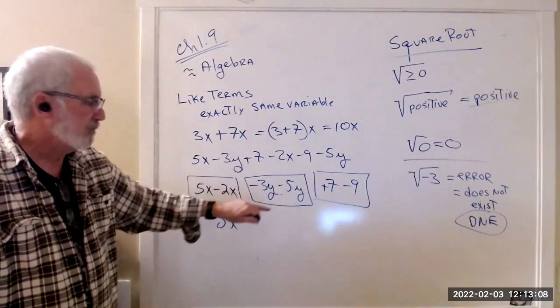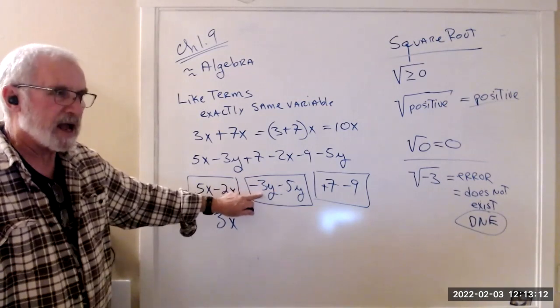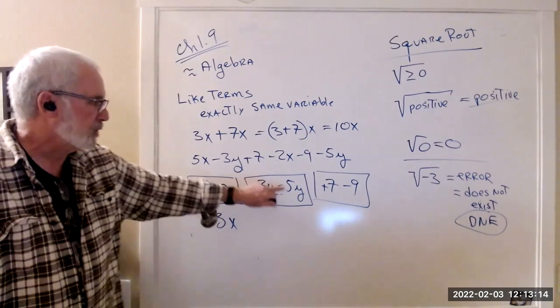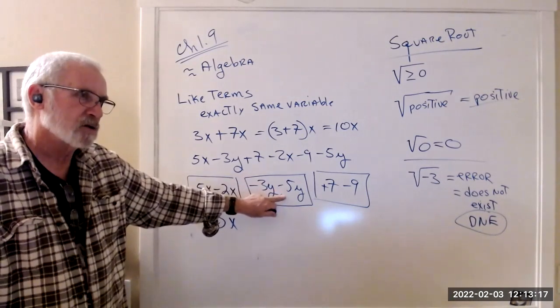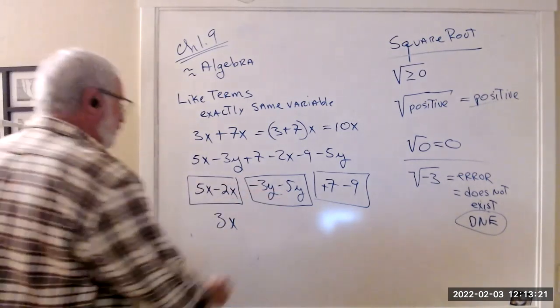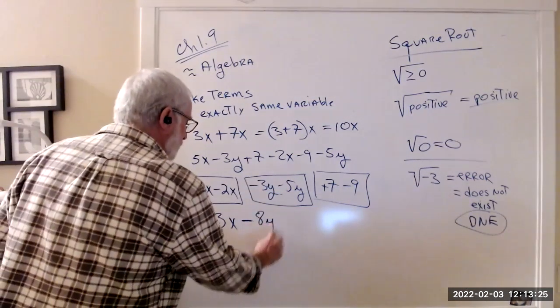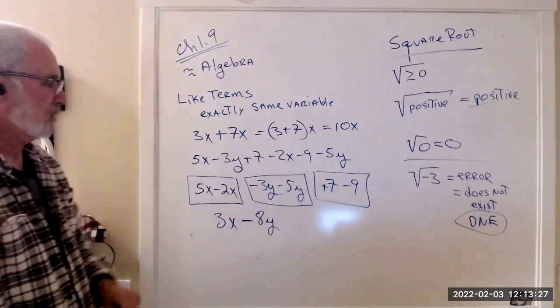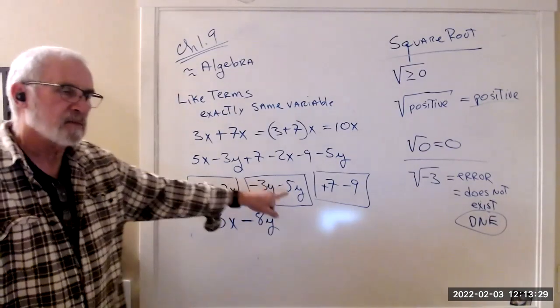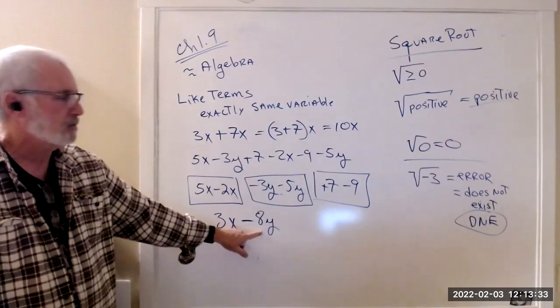Now think about it. You're a yak farmer. You lost 3 yaks, and then you lost 5 more yaks. So what have you done? You've lost minus 8 yaks. Minus 3 minus 5 is minus 8 y's or yaks.